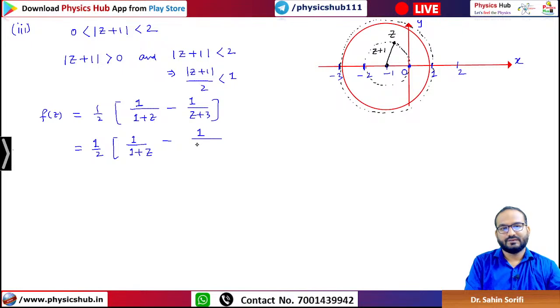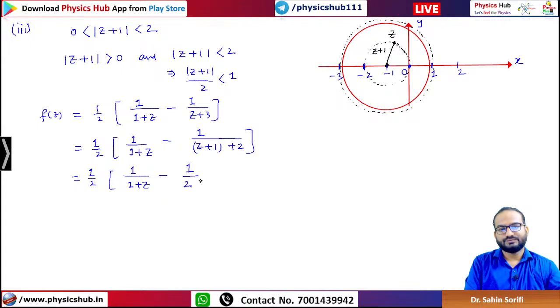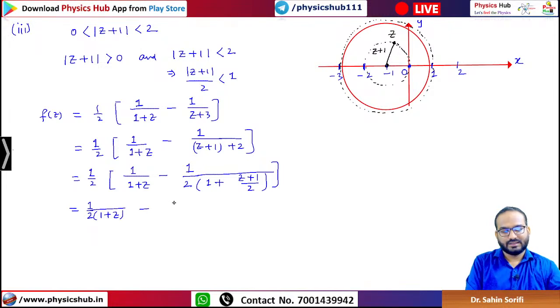We can write it as z plus 1 plus 2. So half times 1 by 1 plus z minus 1 by 2 times 1 plus z plus 1 by 2, so half times 1 plus z minus 1 by 4 times 1 plus z plus 1 by 2 inverse.